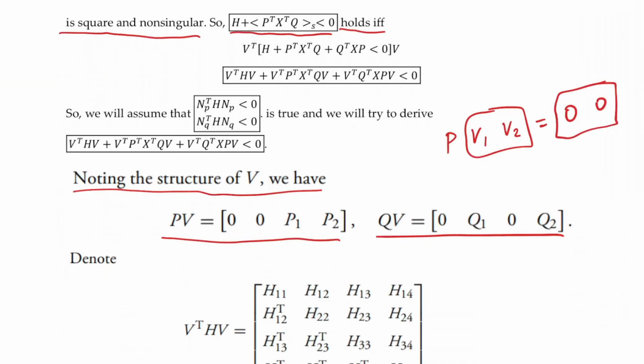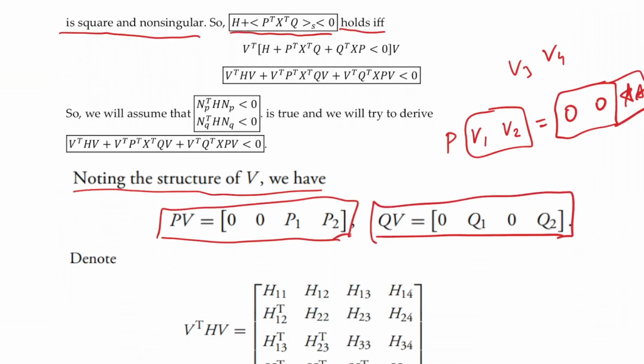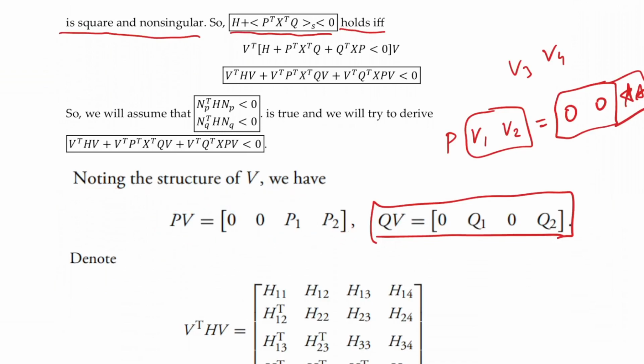That is what we have. However, V3 and V4 are not in the kernel space of P, so it is probable that when we multiply, we will have some terms other than 0, right? So that basically demonstrates that idea. And the same goes with the Q matrix.